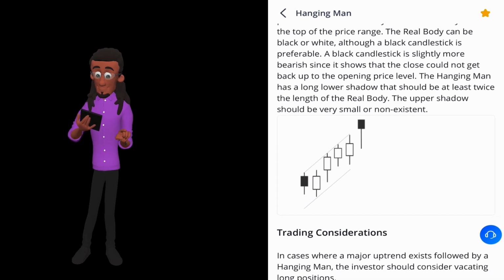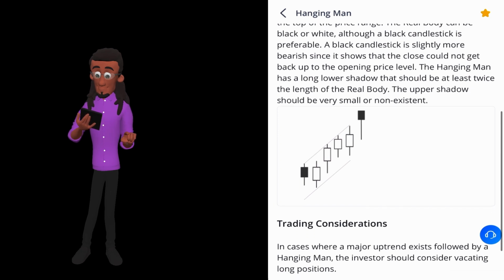So that's subjective. If you look at the picture here, they show both of these are hanging, both of the red or black candles in this demonstration, but both of these candles have wicks at the bottom and a slight wick at the top. I would probably argue that this bottom one is arguably not a hanging man, but the top one is definitely a hanging man.